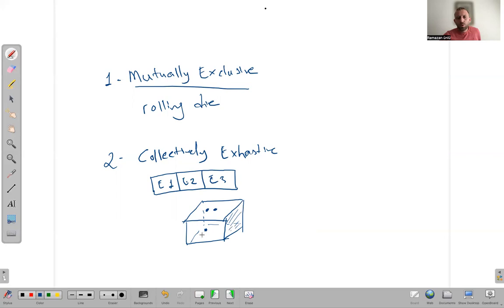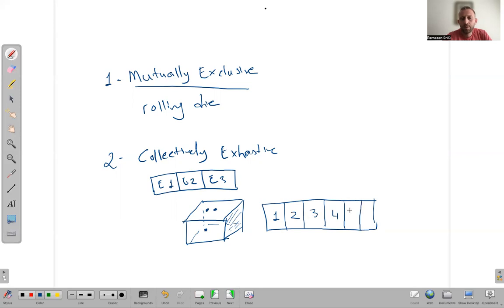Okay, so when I roll this die, let me draw the sample space region. Let's say event 1 is 1, event 2 is 2, event 3 is 3, event 4 is 4, and event 5 is 5. And let's say the number 6 is missing. So the union of these events is not creating the sample space, right? So there is some empty region here. So this set is not collectively exhaustive.